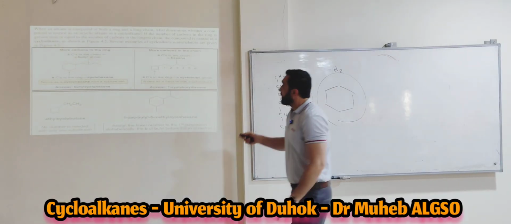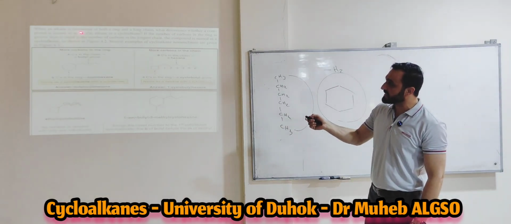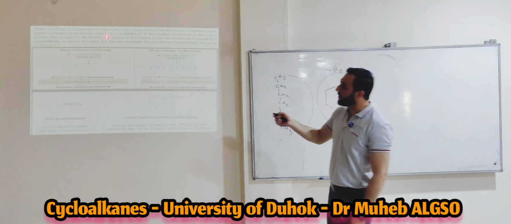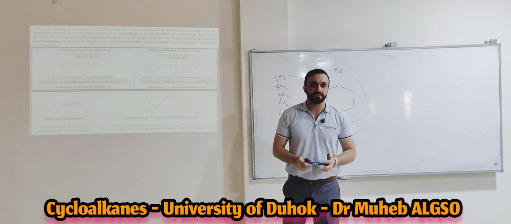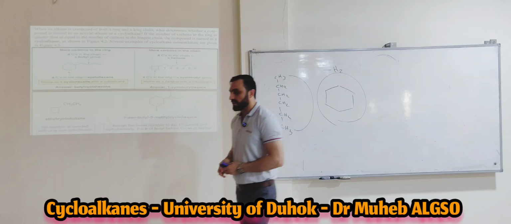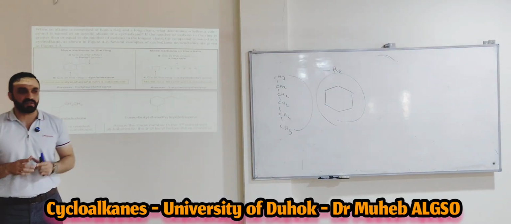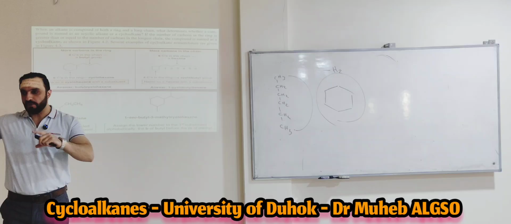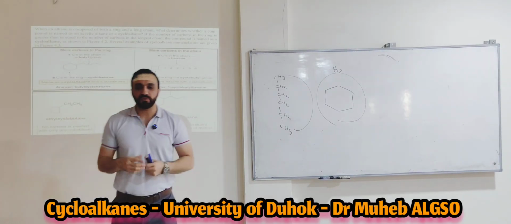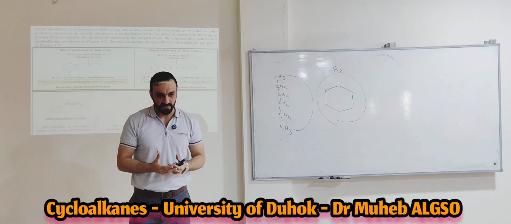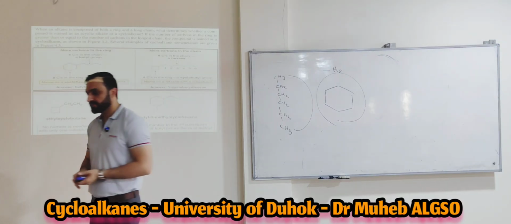What determines whether the compound is named as an acyclic alkane or a cycloalkane? If you have a cycle and an open chain substituent on the cycle, which one will be the parent part, the cycle or the open chain?